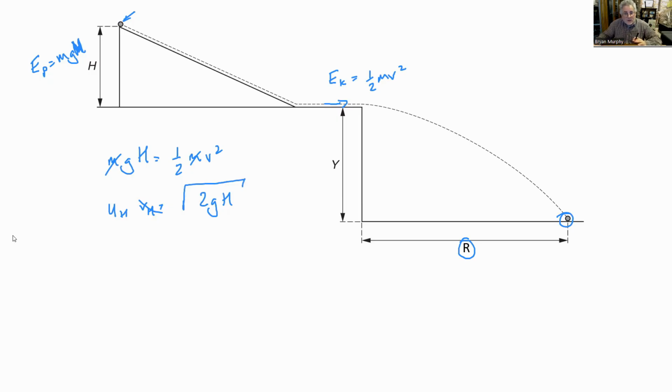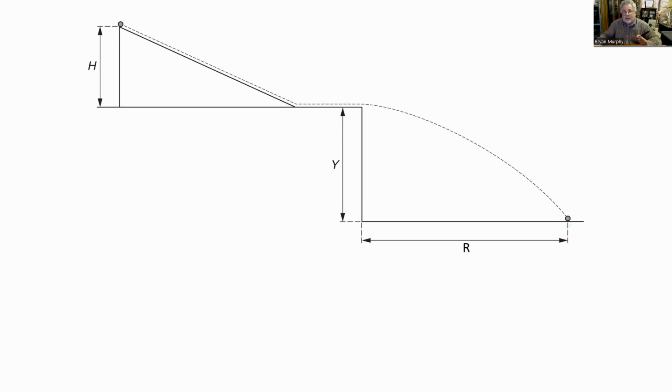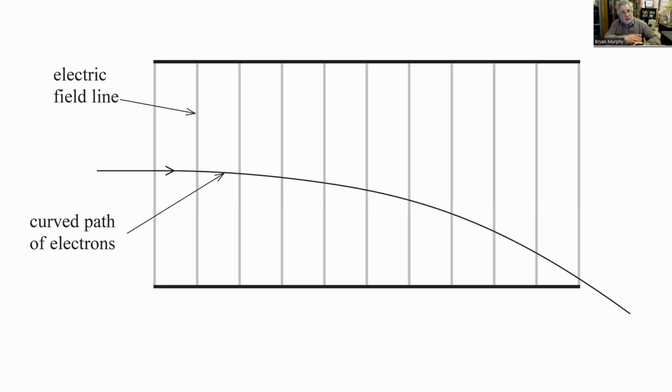Or if it's not one of them, it could be a different scenario, which is an electron going through an electric field. I did that because some of you have started electric fields, and it's exactly the same thing. Over here, the electron is traveling at a certain velocity that you calculate from the accelerating voltage. When it gets into the electric field, it experiences a force in the direction of the field lines, because that's what they are.